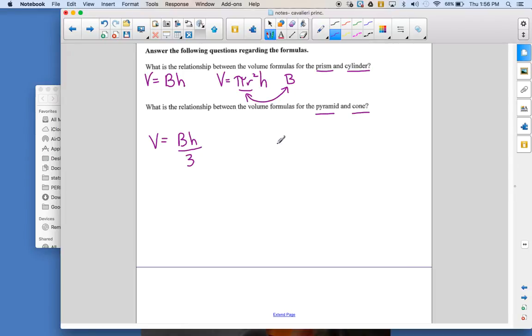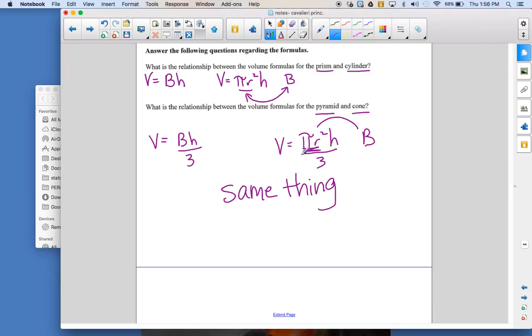Okay, and for the cone, the volume is pi r squared times the height and multiply times 1/3 or divide by 3. Well, since the cone always has a circular base, that's why we insert pi r squared, because this equals capital B. So the relationship between these two formulas is that they are the same thing.